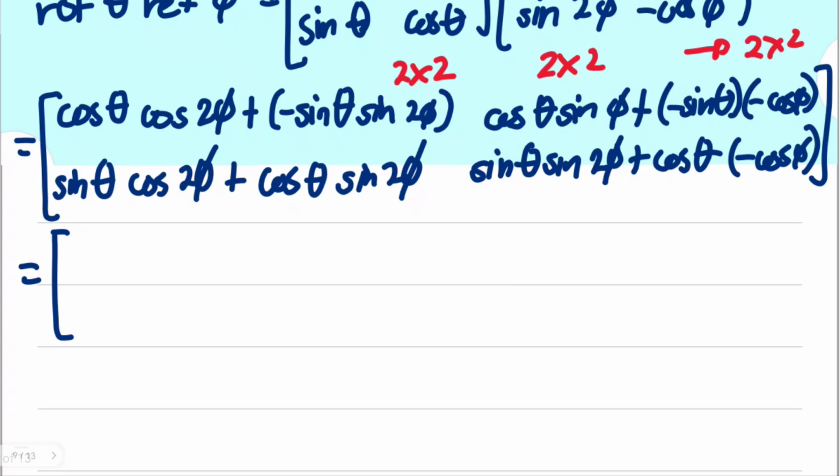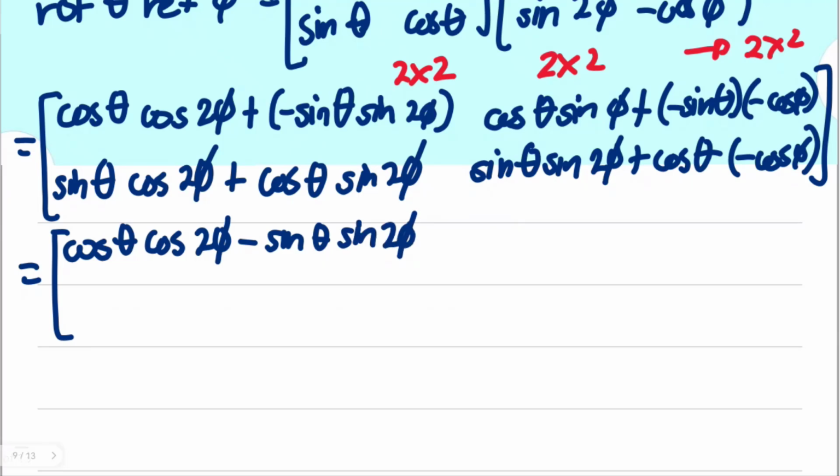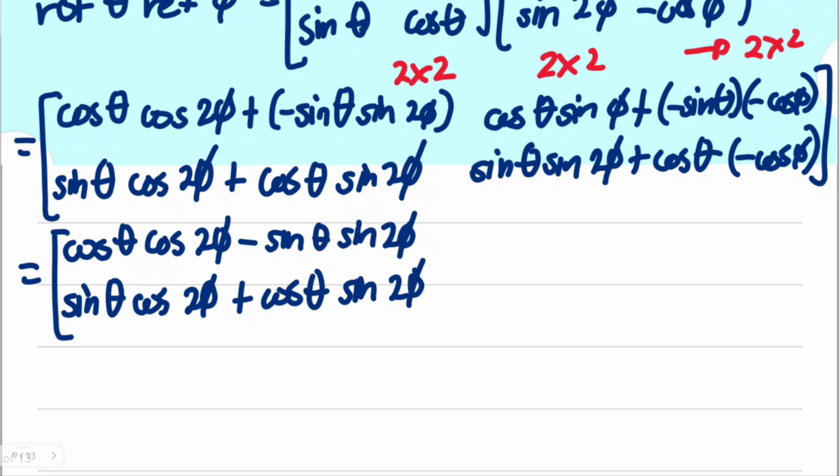Just simply try to simplify the signs. Cosine theta cosine twice phi minus sine theta sine twice phi. Then you have here sine theta cosine twice phi plus cosine theta sine twice phi. At the top, multiply negative, so it's positive now.